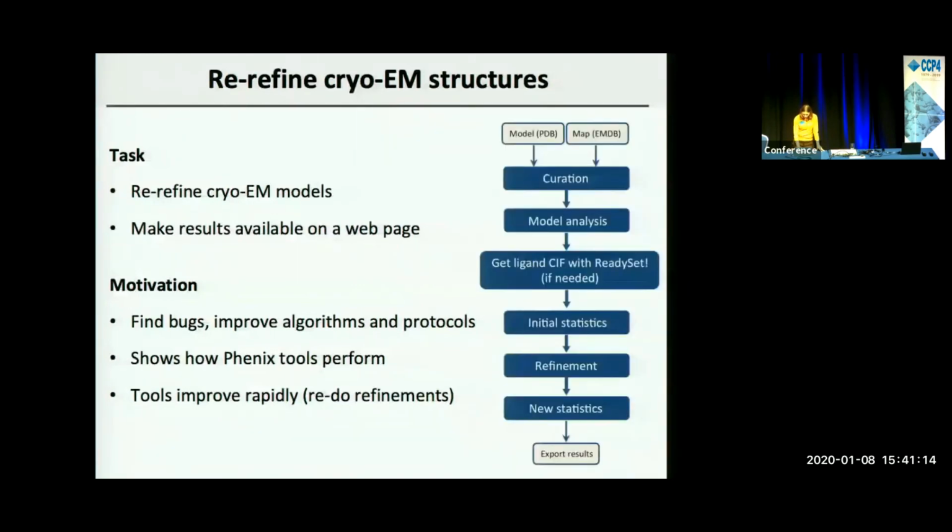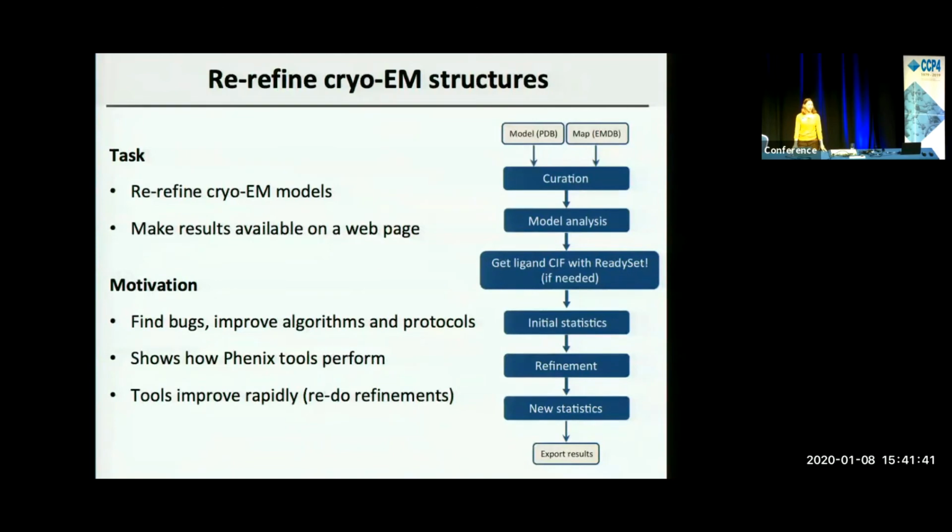So here's a flowchart of how we did this. We took the model from the PDB and the map from the EMDB, because these two files are in different repositories. And then we had to do some initial curation. As they are in different repositories, the validation is sometimes not perfect. It might happen, for example, that map and model are actually not superposed.